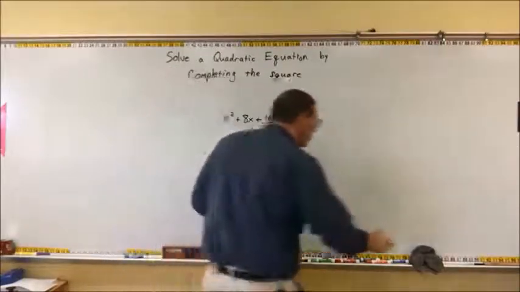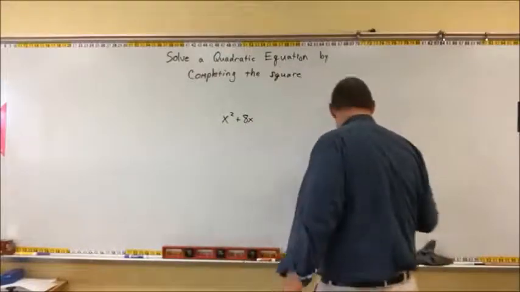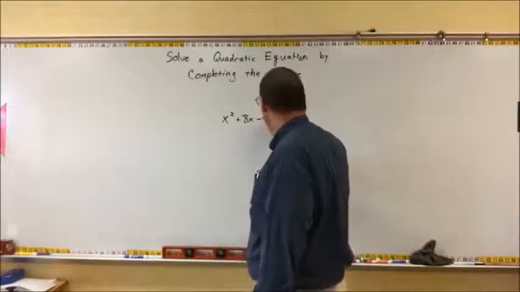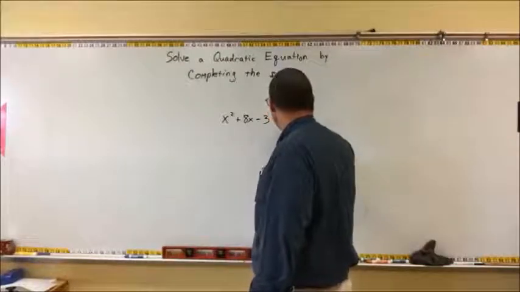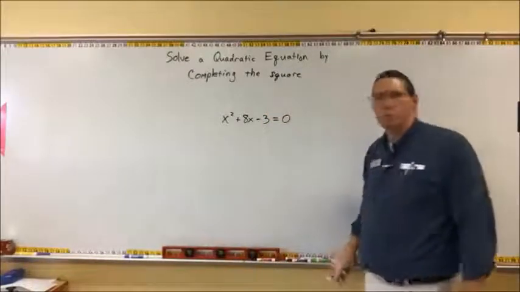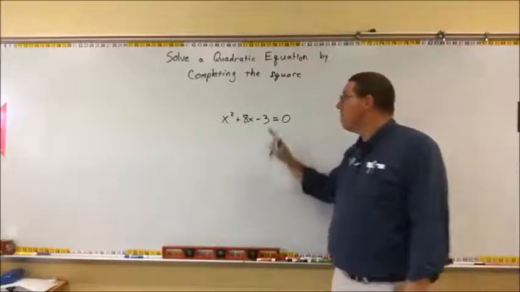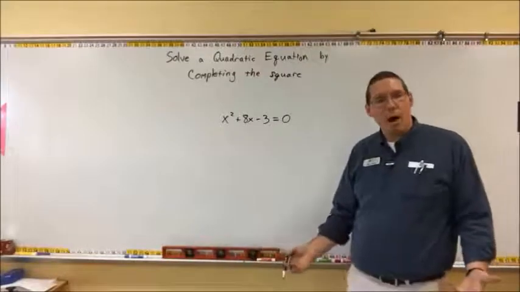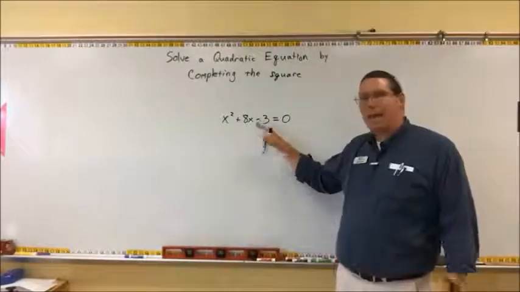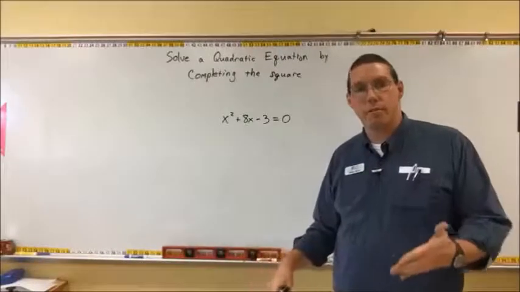All right. Well, what if there wasn't a 16 there? What if instead there was a minus 3? What if it said minus 3 is equal to 0? Now what would you do? Well, you could make the minus 3 a 16. How? What would I need to add to negative 3 in order to make it a positive 16?